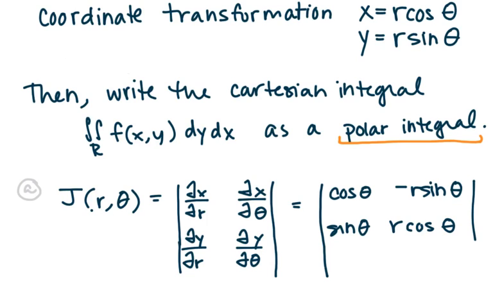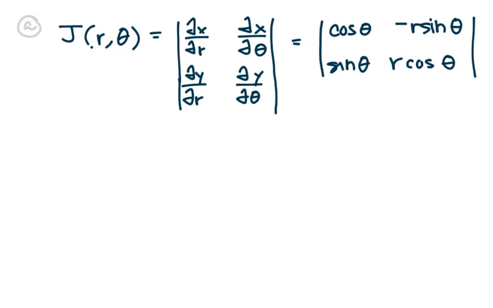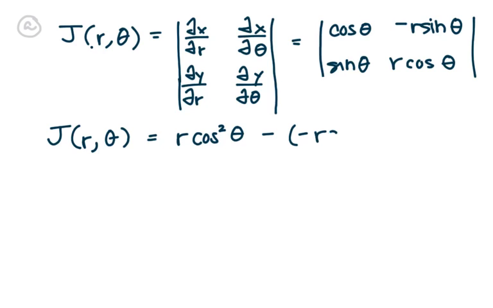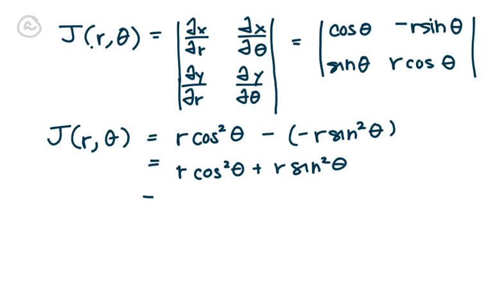All right, so this is how I get my determinant matrix set up, and my Jacobian here in terms of r and theta is going to be r cosine squared theta minus negative r sine squared theta, or r cosine squared theta plus r sine squared theta, which cosine squared theta plus sine squared theta is 1.